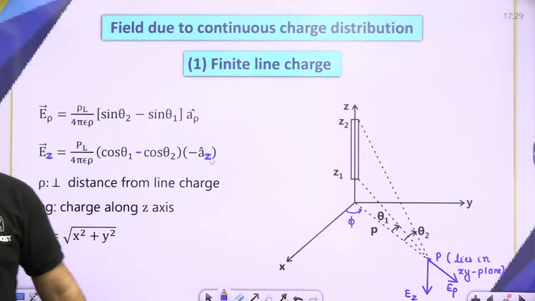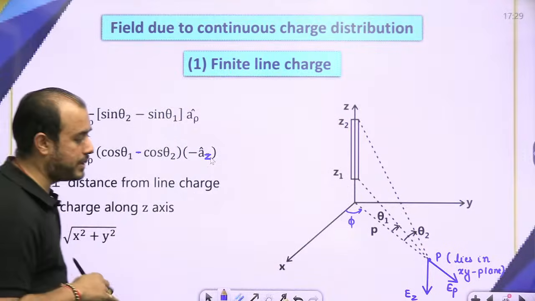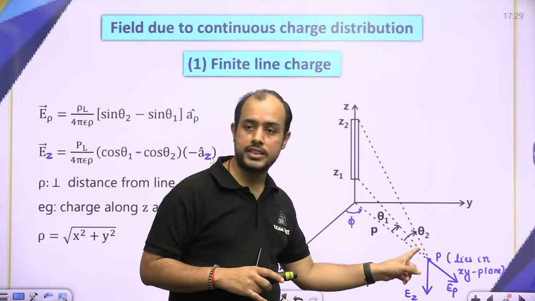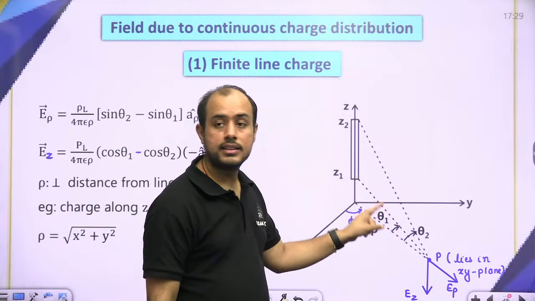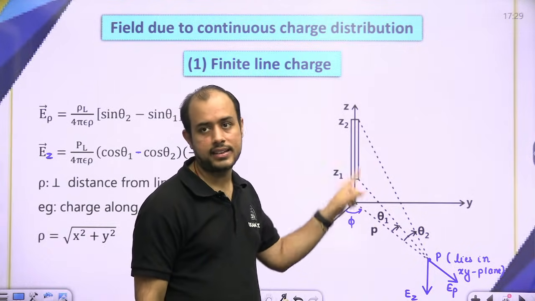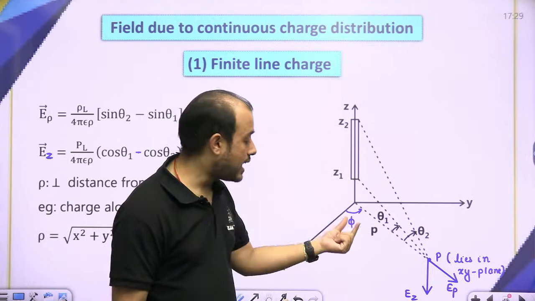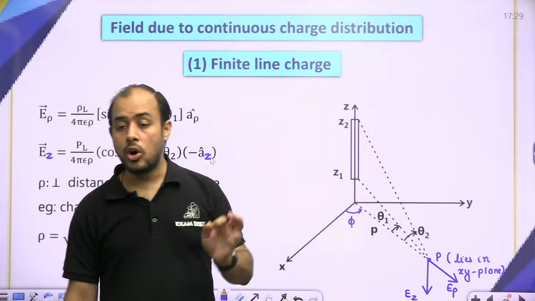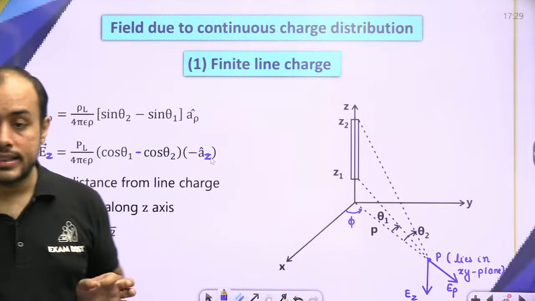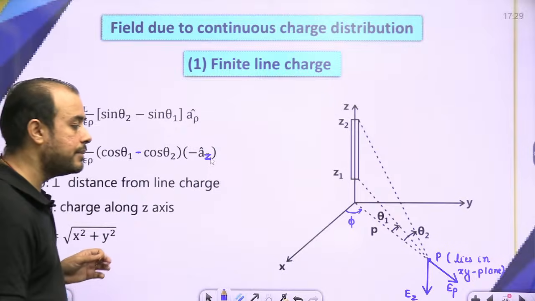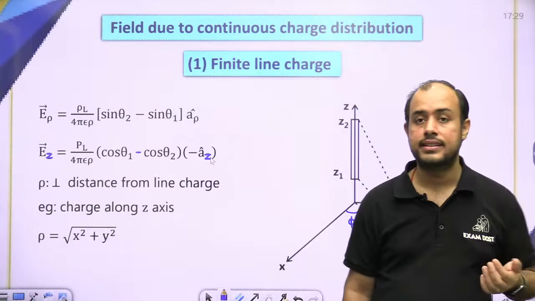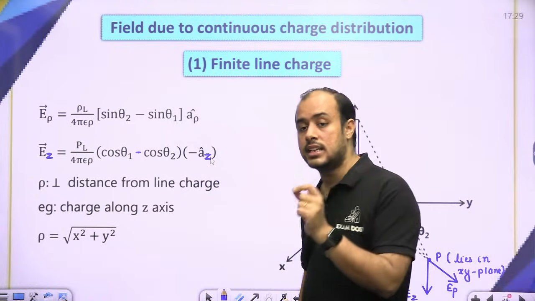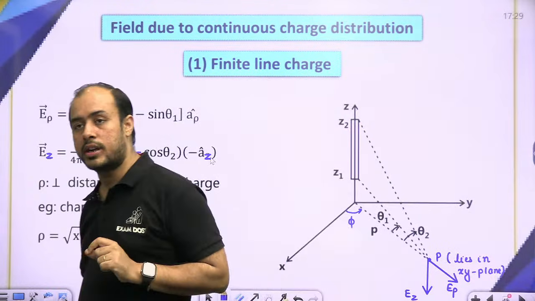Sir, how to take θ1 and θ2? Simple, beta. First, join the origin to the point where you want the electric field. Then check the angle of the lower end and the angle of the upper end. Sir, how to find rho? Rho is the perpendicular distance. How to take it? If the charge lies along the z-axis, take the distance in terms of x and y coordinates.